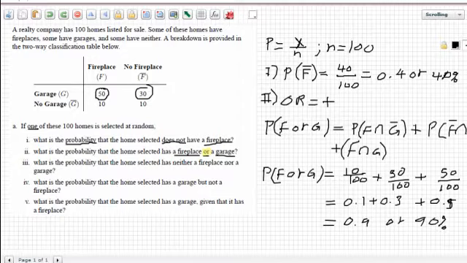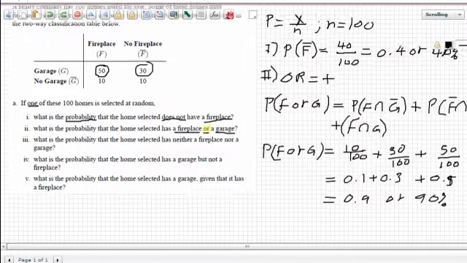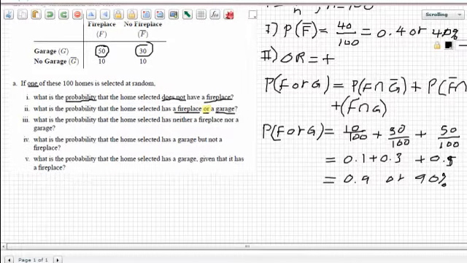90%. Now, one question we have to ask ourselves over here is, do these numbers really make sense? I mean, if I asked you what the probability is that you would find either one or the other in a home, and you get 90%, that seems pretty logical because it's made up of three separate probabilities. This one being the first, that one being the second, and that one being the third.